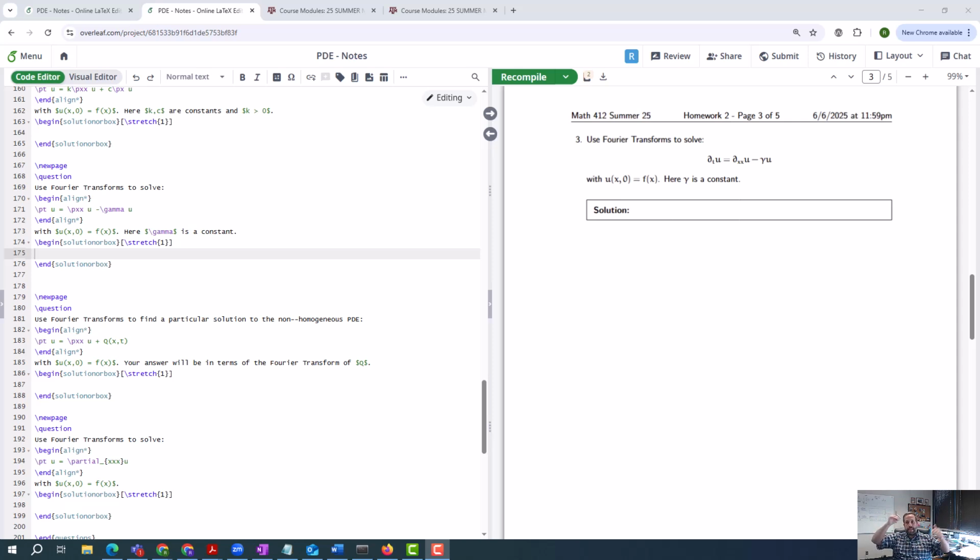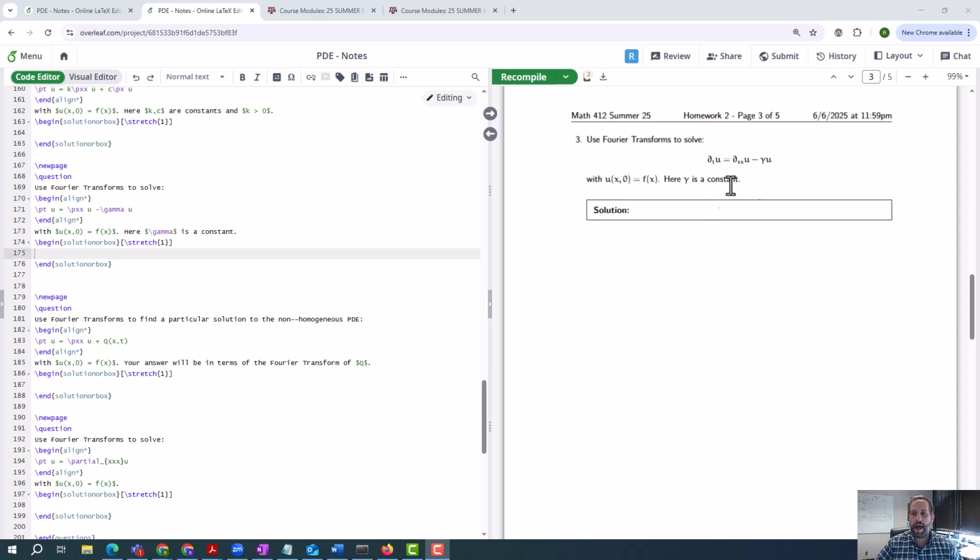Let's just say it's modeling the heat equation. It's almost like conservation. Well, conservation doesn't apply. It's where we have heat leaving the system at a rate that's proportional to the quantity of heat. Okay, so that's what this says here.